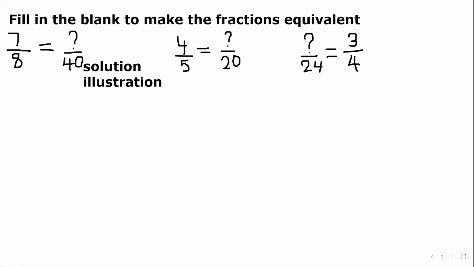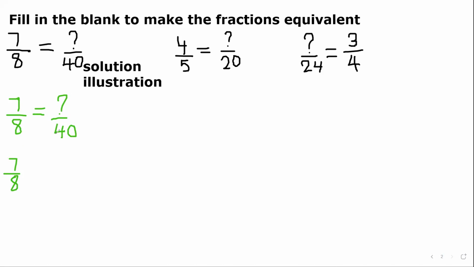Now, when we take the first one, we say 7 out of 8 is equivalent or equal to a certain number here, out of 40. Now, in order to solve this one, you first have the complete fraction here, which is 7 out of what? 8.